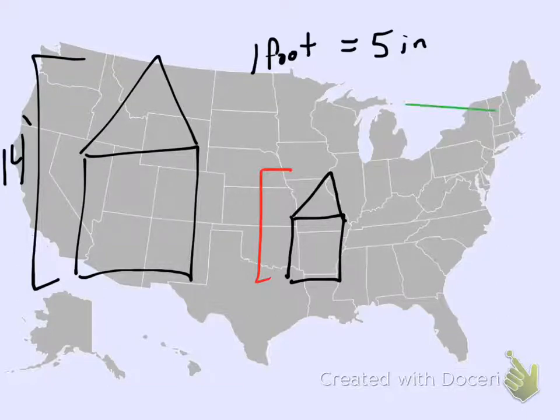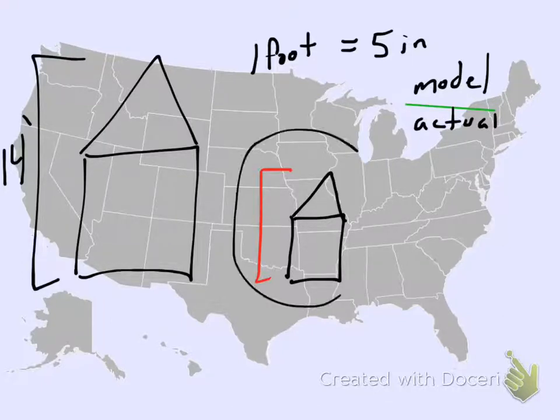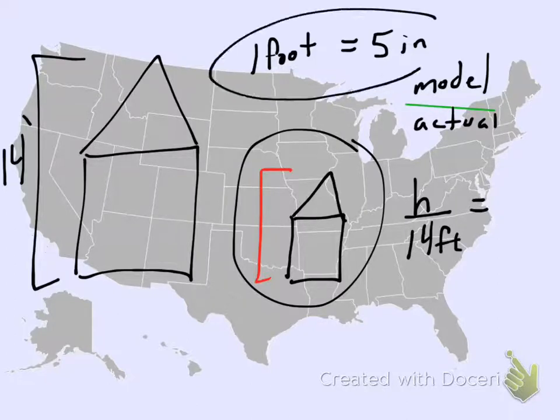Remember, it's model over actual. So my model right here, we don't know how high it is. So I'm going to put H for the height of the model. And then my actual is 14 feet. I'm going to set it equal to this ratio right here. It says 1 foot equals 5 inches.